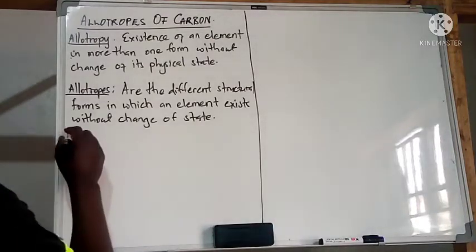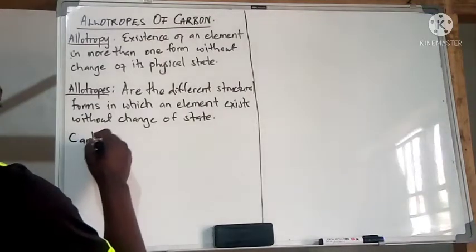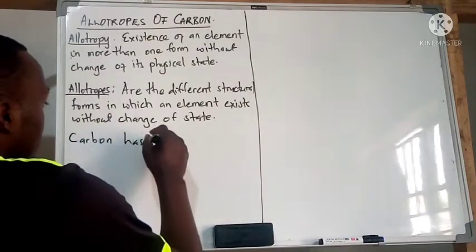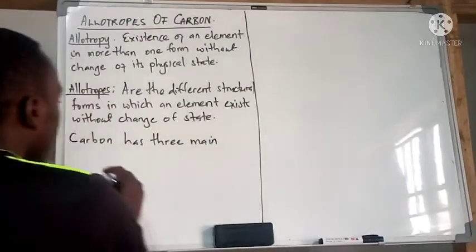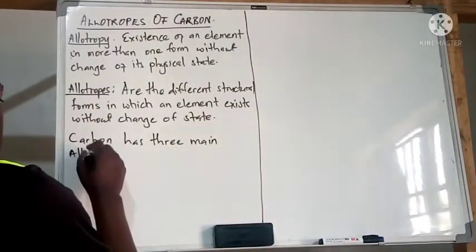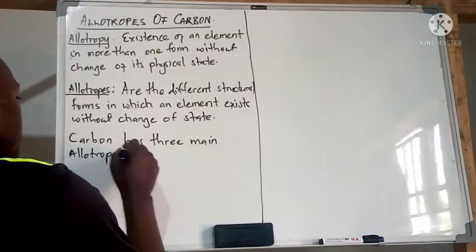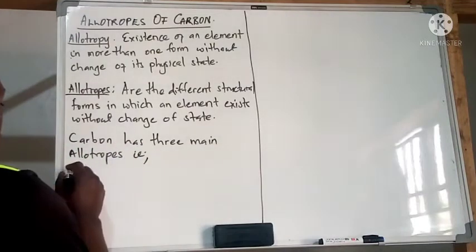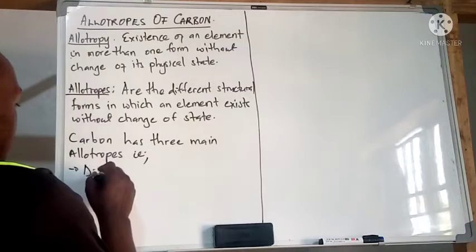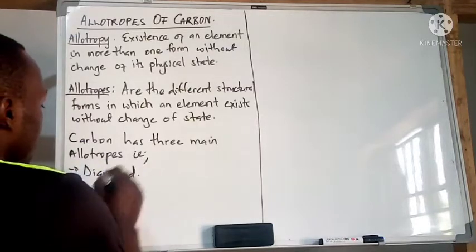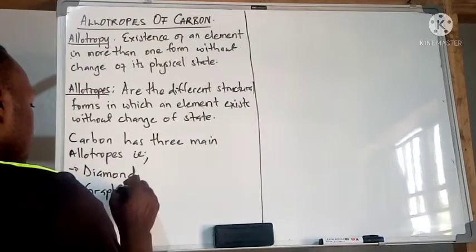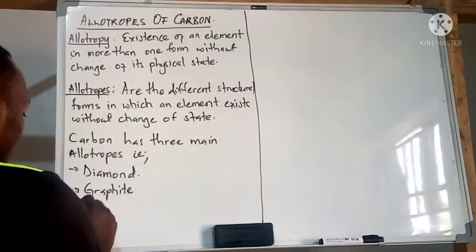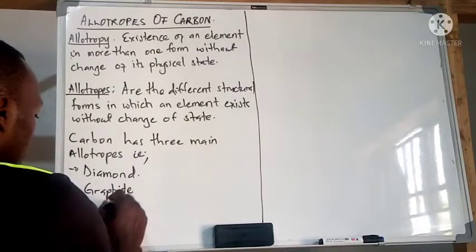So carbon has three main allotropes. These include diamond, graphite, then amorphous carbon.